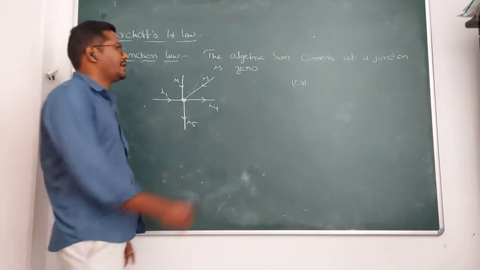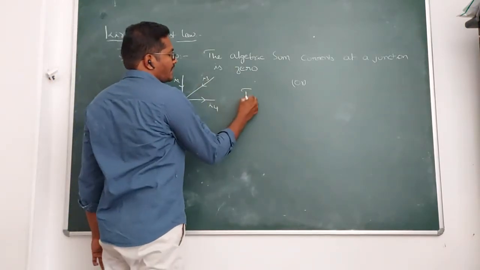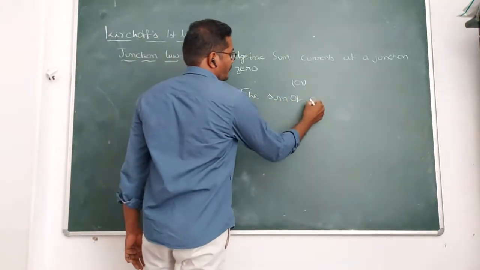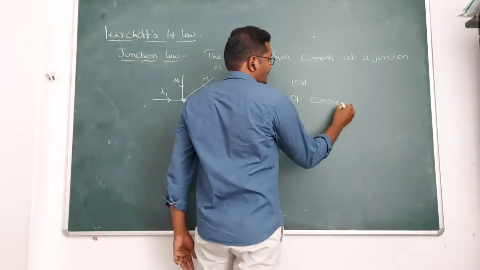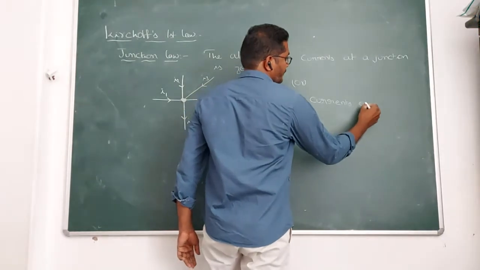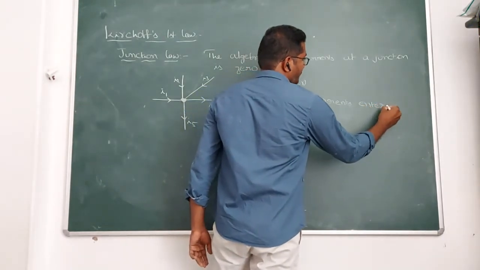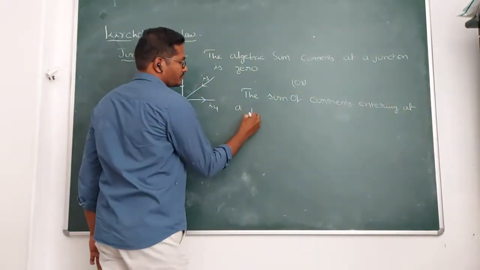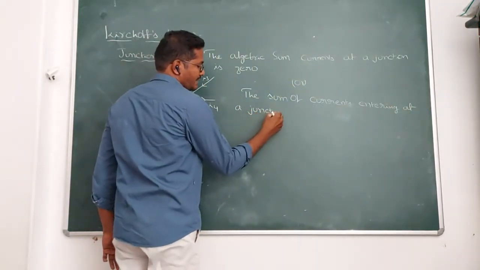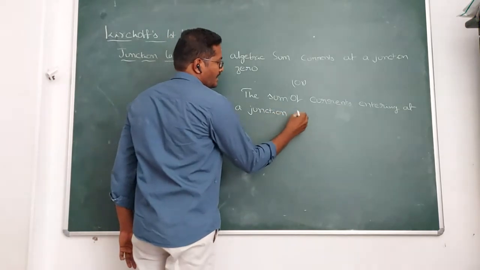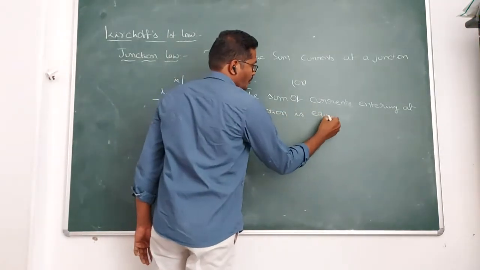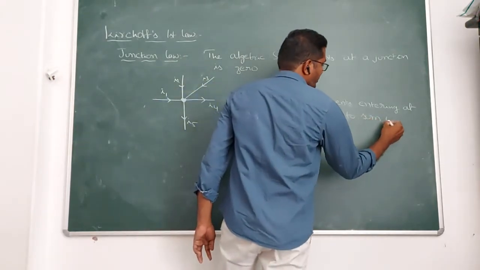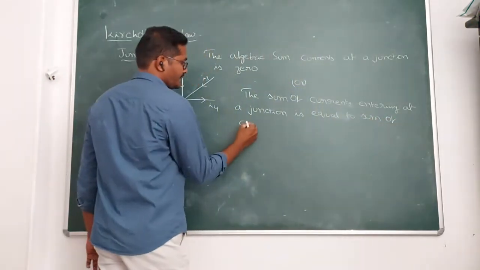Or you can write the statement this way: the sum of the currents entering a junction is equal to the sum of the currents leaving the junction.